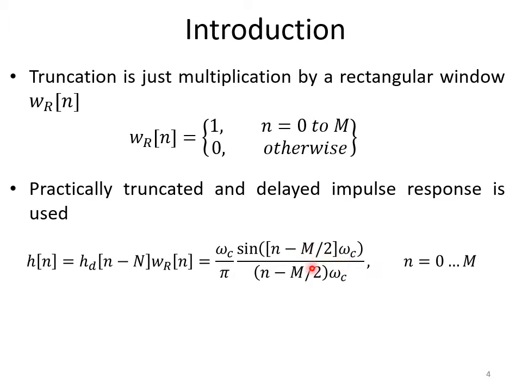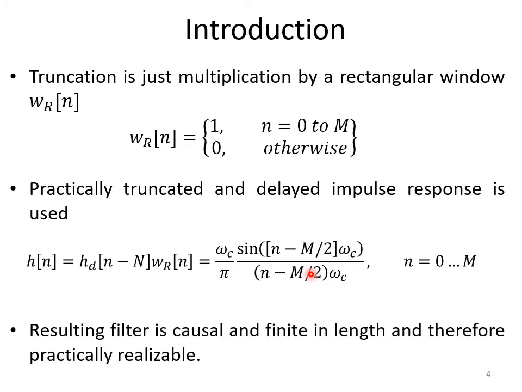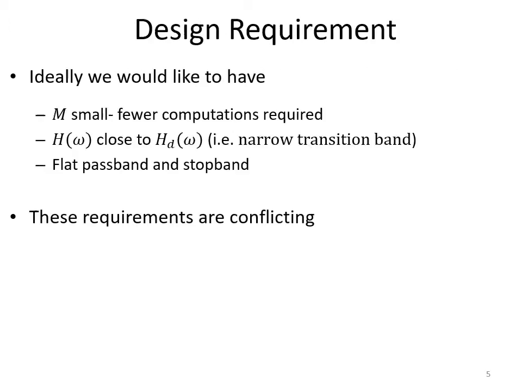Whatever the value of M is, half of the samples are on the right side of the 0 and half of the samples are on the left side of the 0. So you have to shift all the half which are on the left side to the right side, right. So the delay would be half of M. After doing shifting and truncation, the resulting filter is causal and finite in length, and therefore it can be implemented.